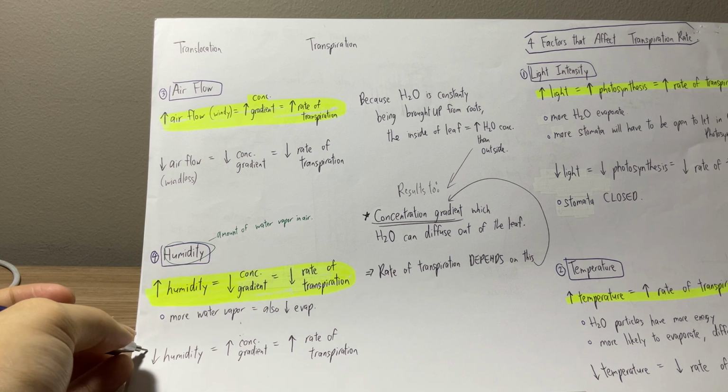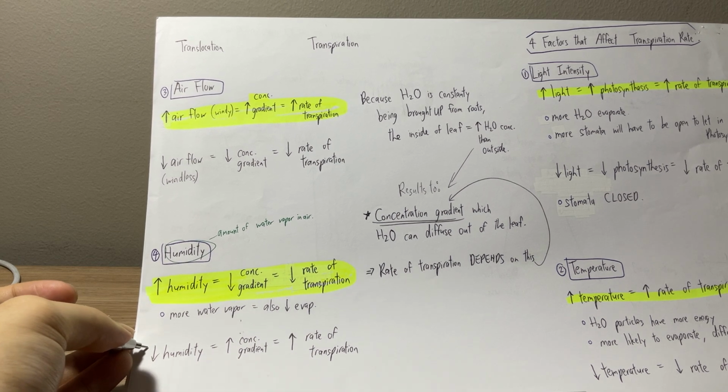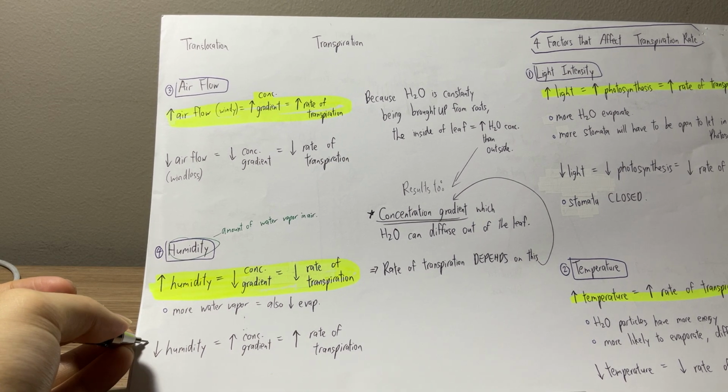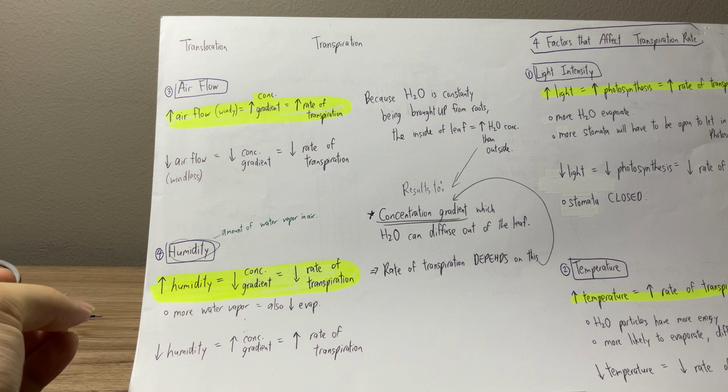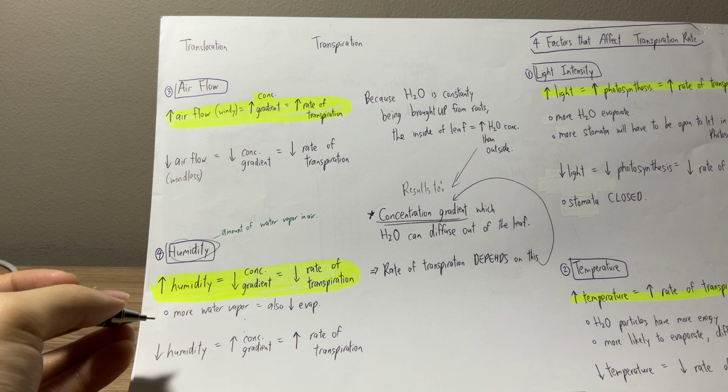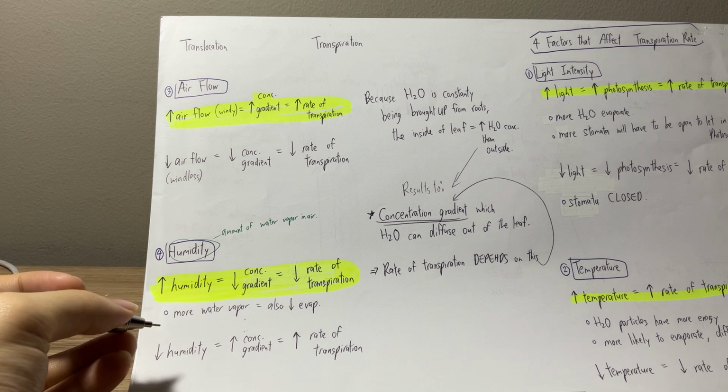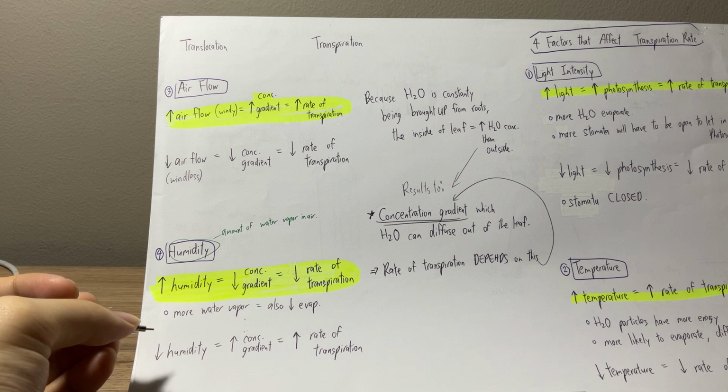And consequently, in the same idea, if there is a decrease in humidity, let's say it's really hot, let's say you're in the desert, well, not really desert because only cacti live there. Let's say in the Philippines, it's tropical. It's not too hot for only a few plants to exist, but many plants exist, but it's still hot.